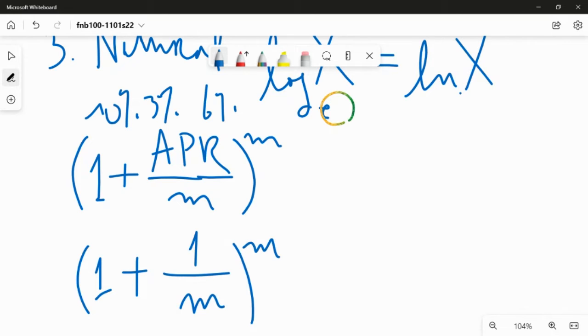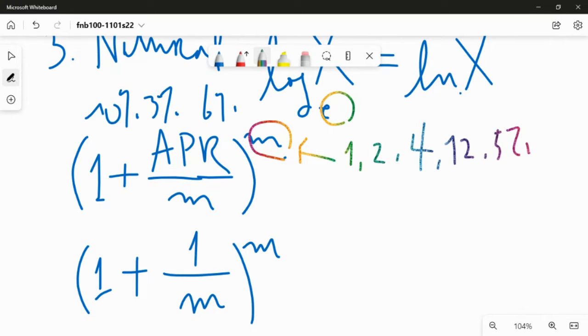And APR divided by M is the periodic rate, right? Normally M is 1, 2, 4, 12, 52, 365.